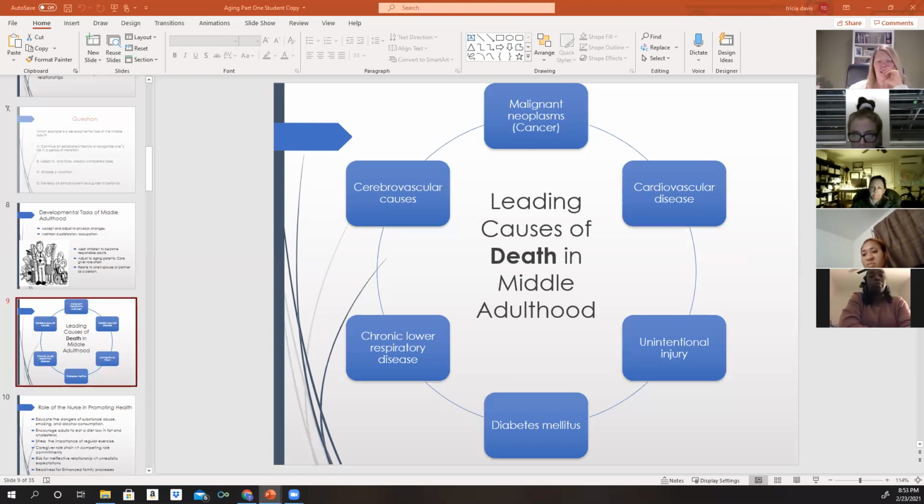So what do you think is causing these cerebrovascular causes, these strokes? High blood pressure. What's causing the high blood pressure? Smoking. Obesity, maybe? Yes. Diet, that we've been talking about.